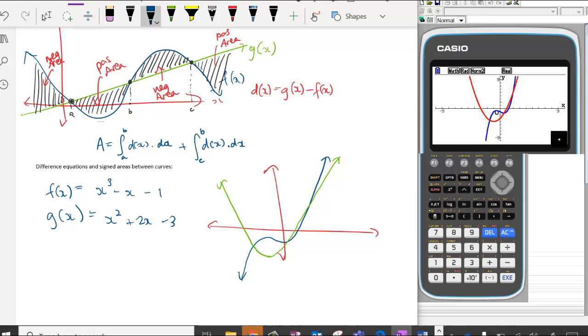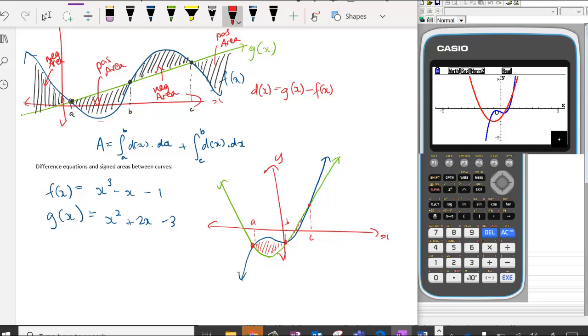The area between these curves can be broken down by the intersection points. So A and B, and we've got this third point here, which is C. And the area between the two curves will be here and here, and if we set another limit, it could continue beyond as well.